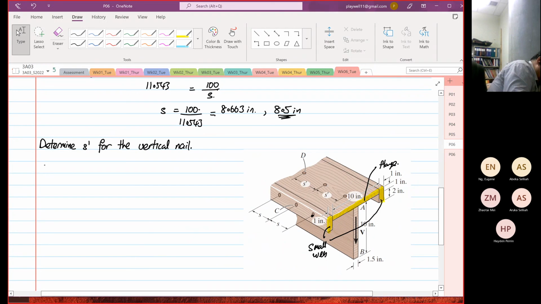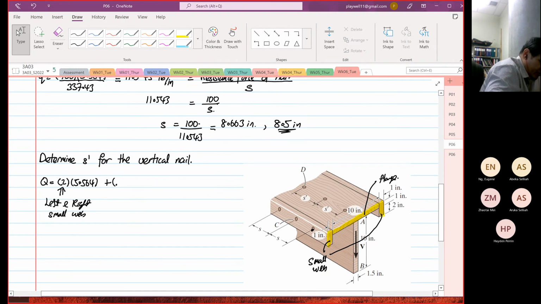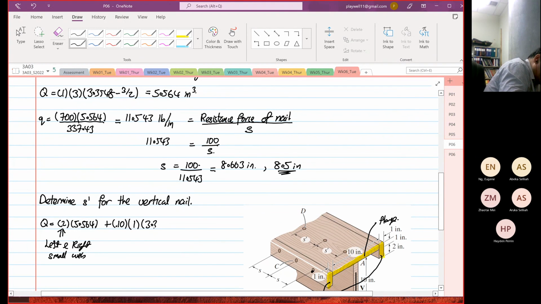So Q is equal to twice the first moment of area we found, 5.564. This is for the left and right small web. Then plus the width, which is 10, the depth is 1, times 3.3548 minus 1 divided by 2.